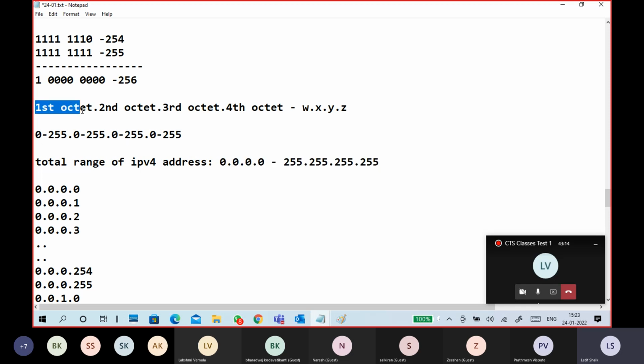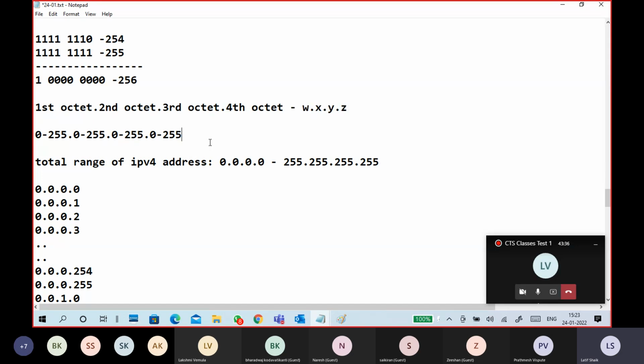The first one we call the first octet, then the second octet, third octet, and fourth octet. Some materials also represent them as W, X, Y, Z, just for easy understanding.